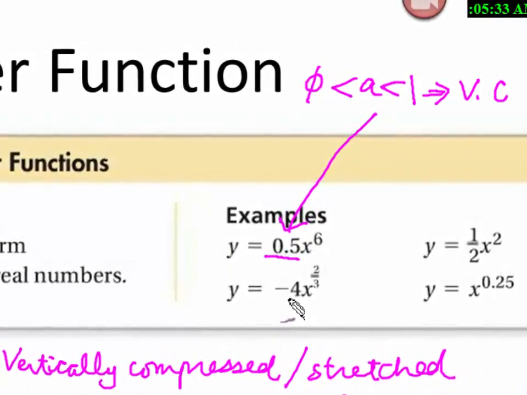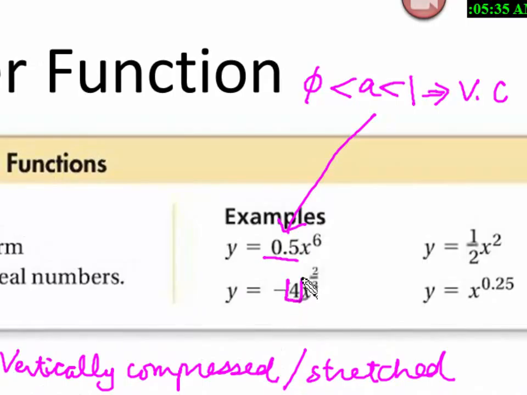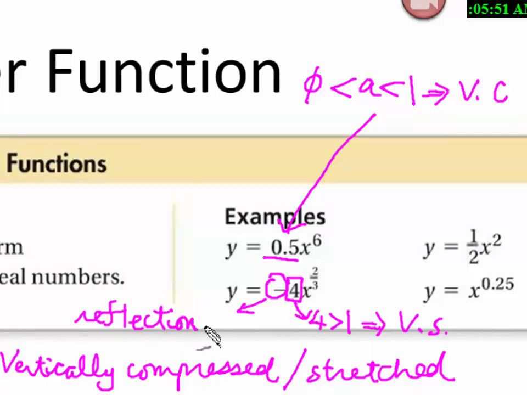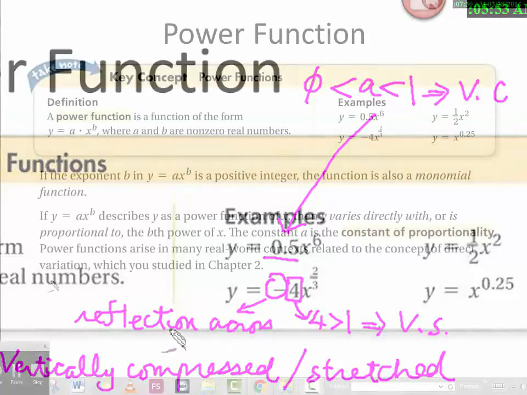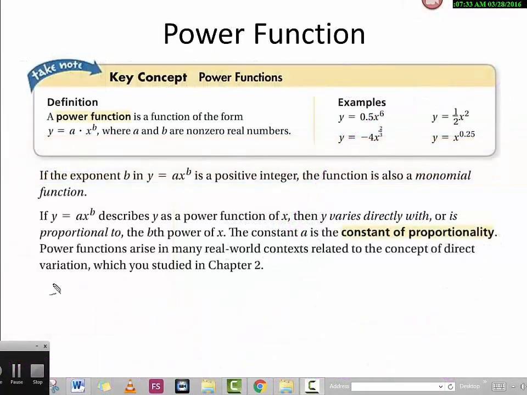For this one, since a, 4 here, is bigger than 1, it is vertically stretched. And because the sign is negative before the scaling factor right here, there's a reflection across the x-axis.